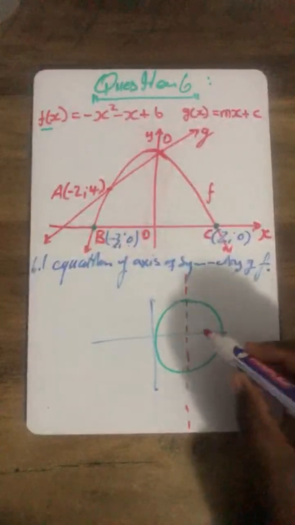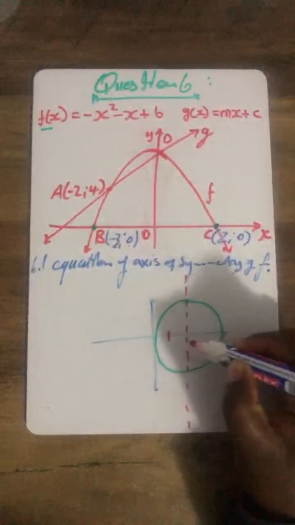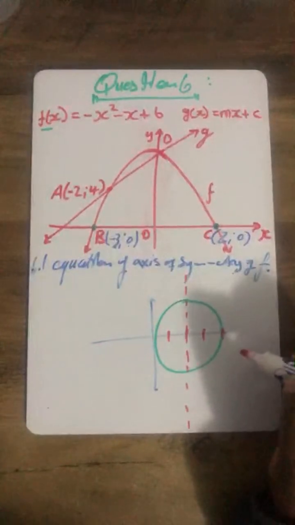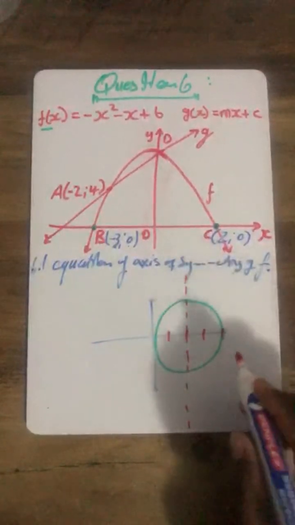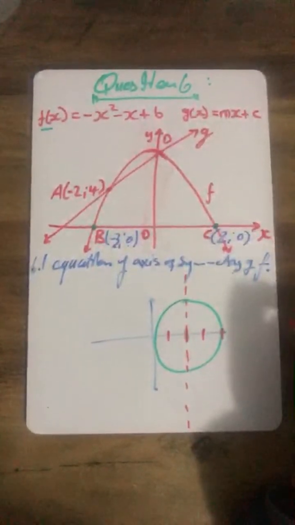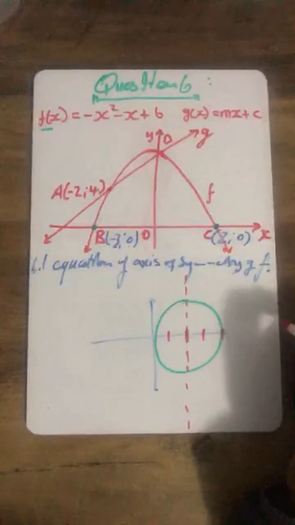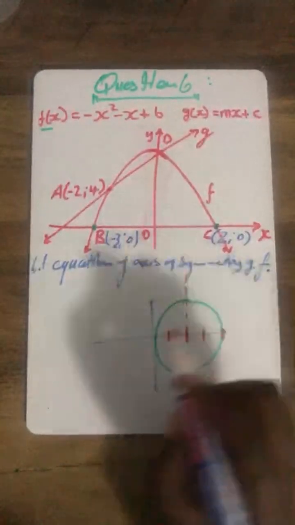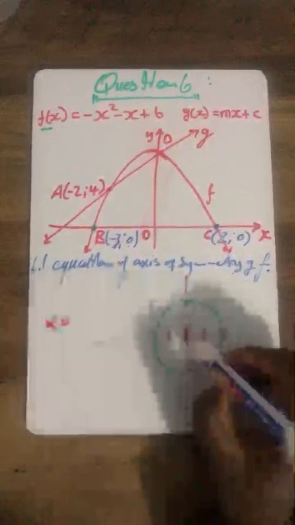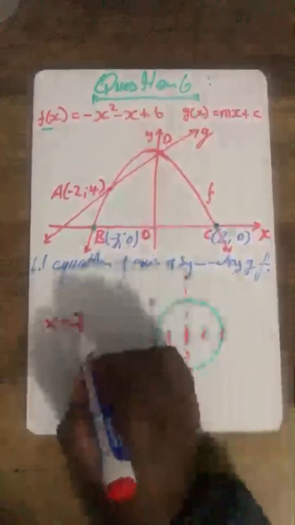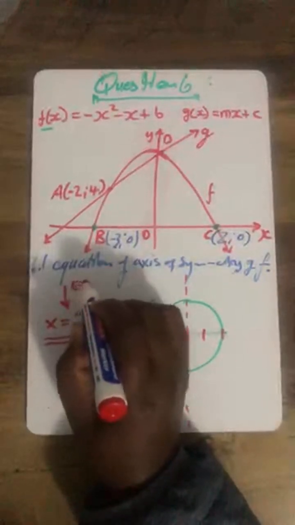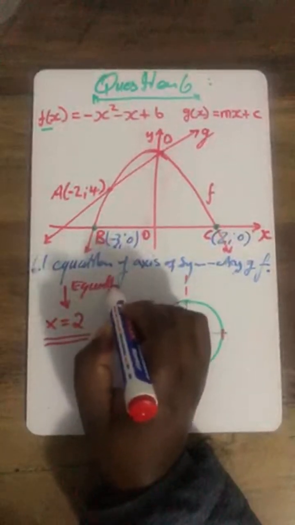So if I know there it is 1, there it is 2, there it is 3, there it is 4, then my equation of the axis of symmetry will be x equals 2. Anything that has an equal sign is an equation.